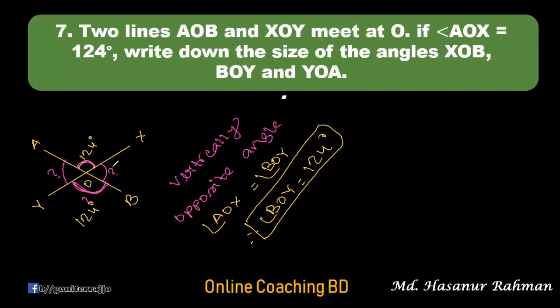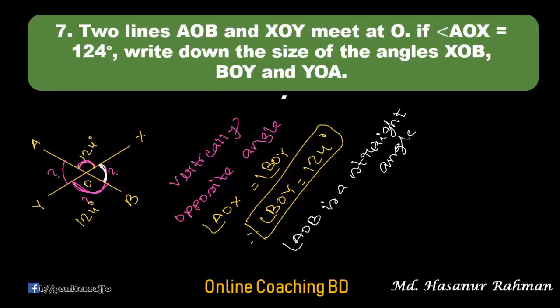So now we have to find out the value of XOB. Look, here AOX and XOB are supplementary. Why? Because if you look at AOB, AOB is a straight line, and angle AOB is a straight angle.